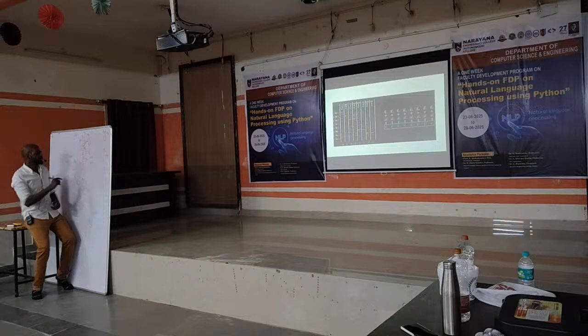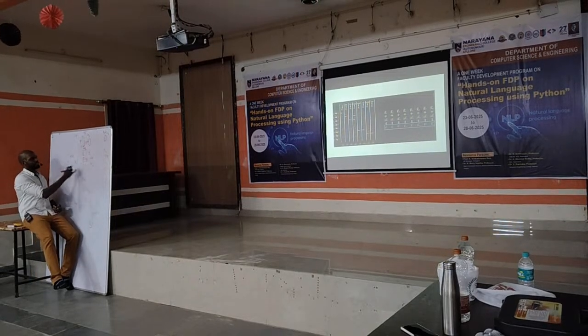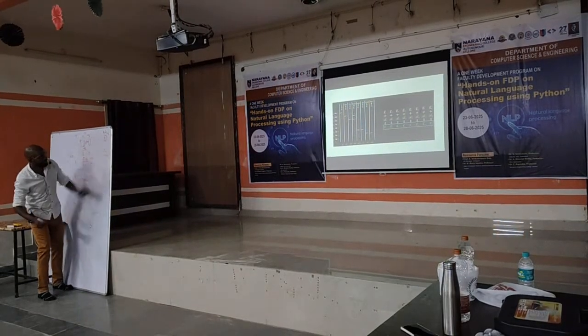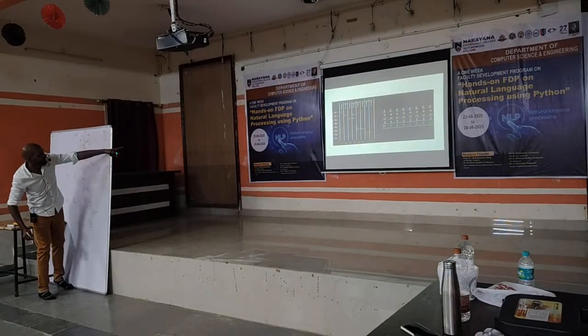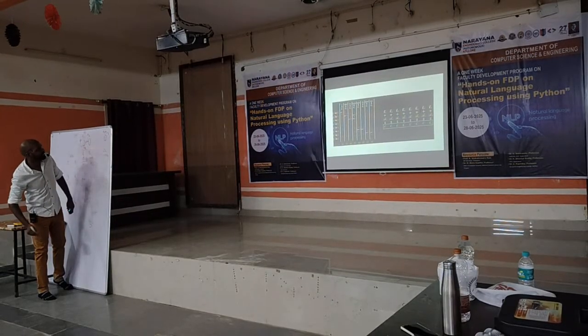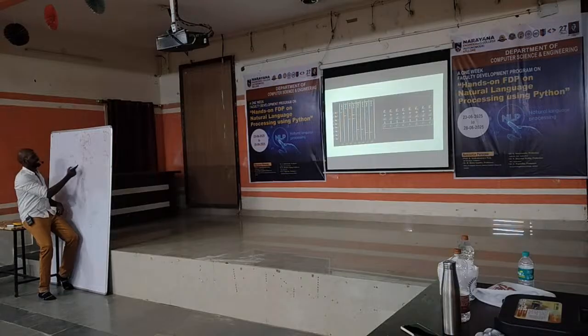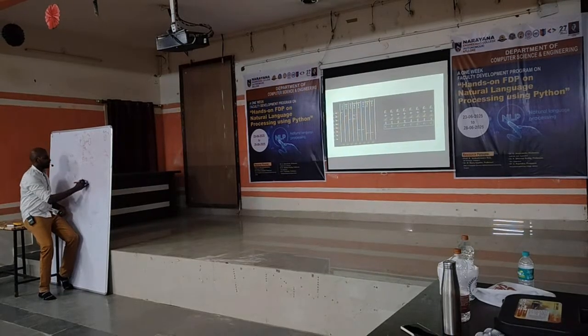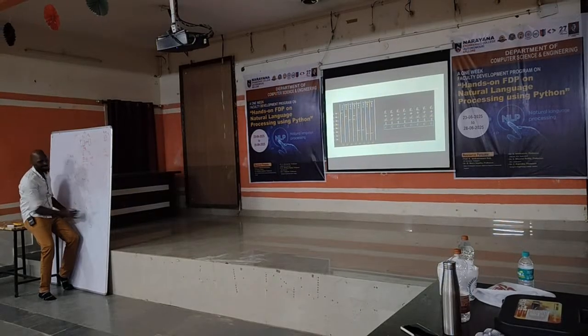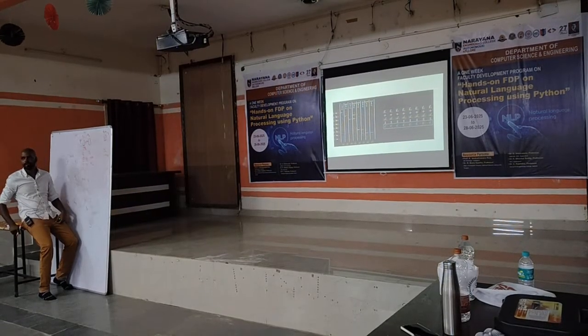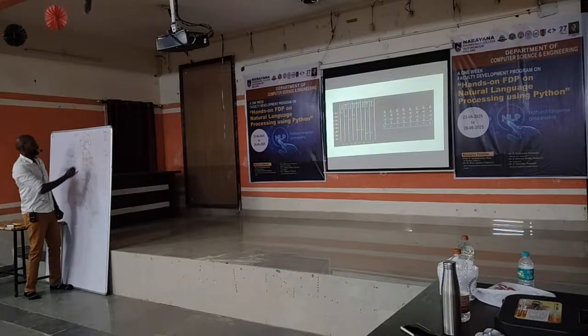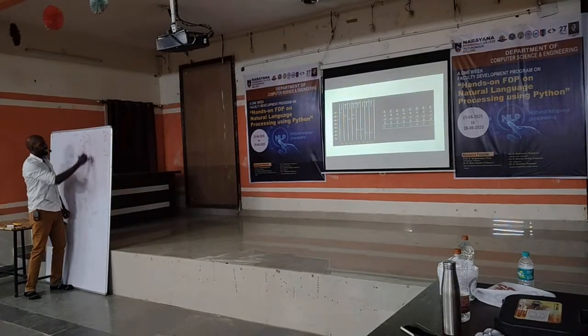Now you take each value vector and multiply it: multiply this with V1, multiply this with V2, and so on, multiply this with Vn. Now I want to update the embedding.